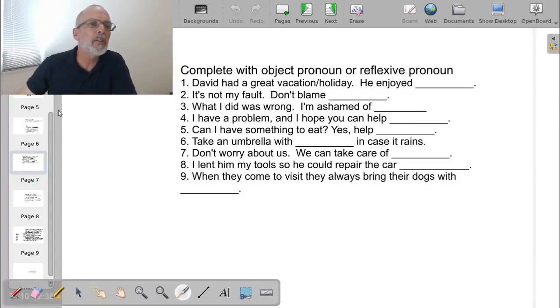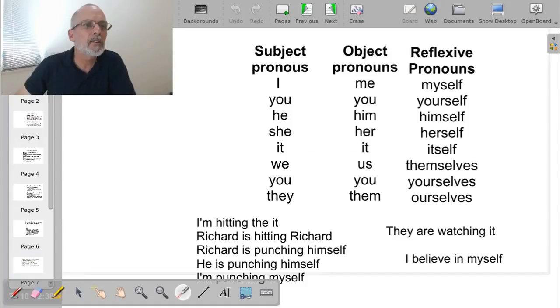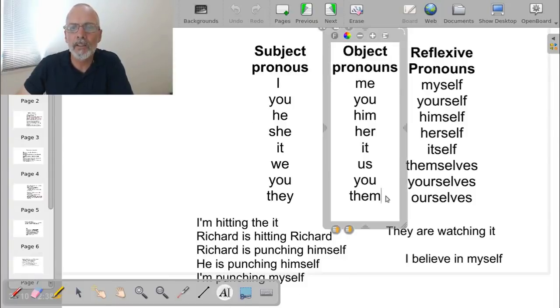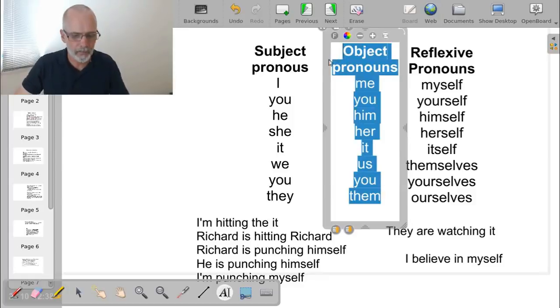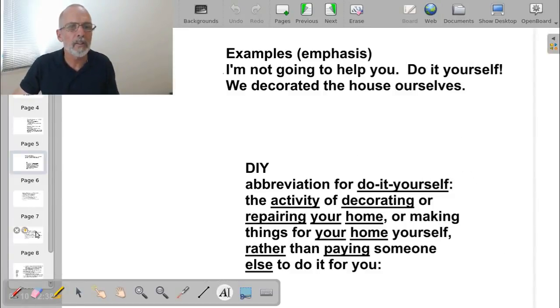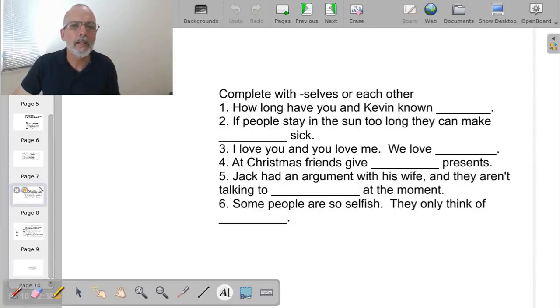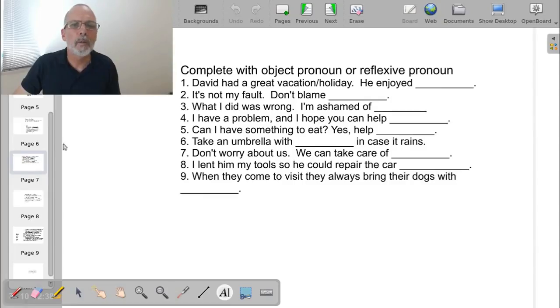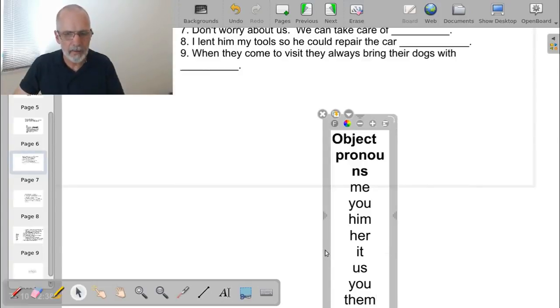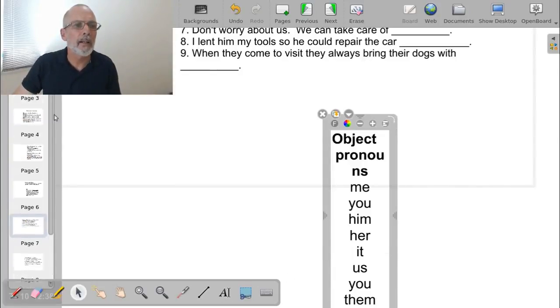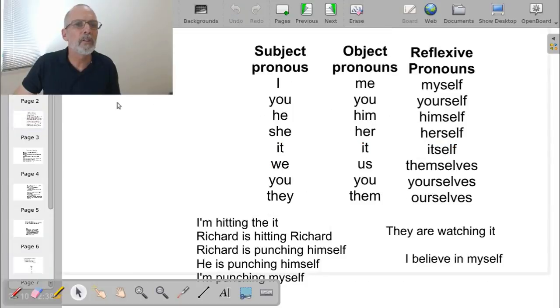Here, let me just copy from here, because in this exercise we need to use either these ones here. So let's just copy them over to that page, wherever it is. I think it's this one here. No, a lot of pages. This one here must be. Put that down there. Let's go back up there and get the reflexive pronouns too.